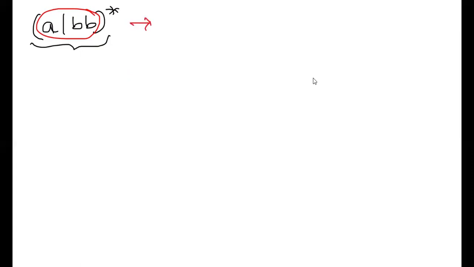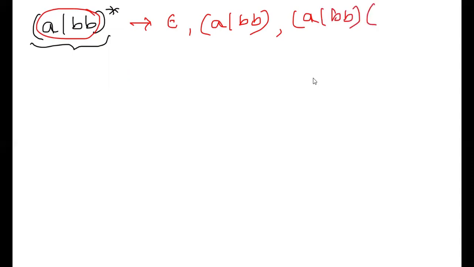So when we do this, 0 times means epsilon. 1 time means either I'll have A or BB, this is 1 time, or I will have 2 times, that is A or BB followed by A or BB.